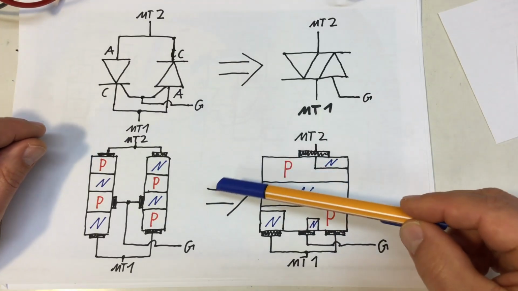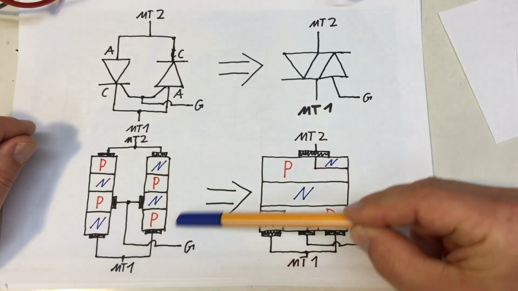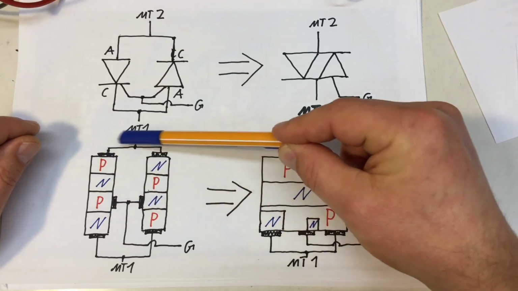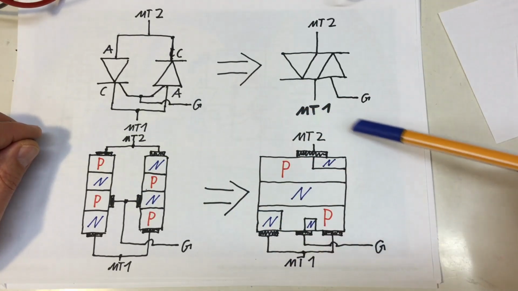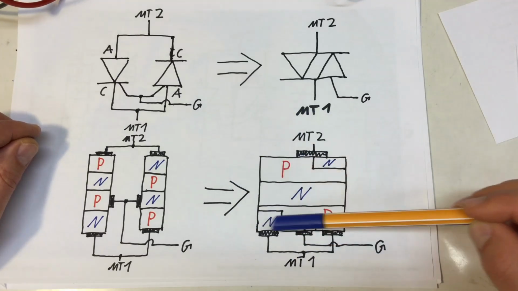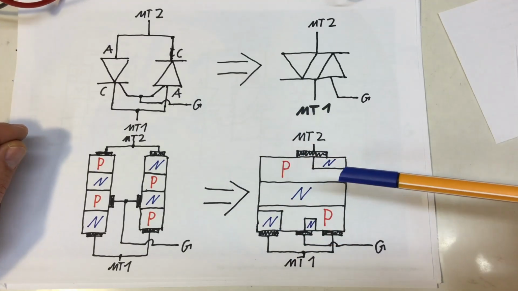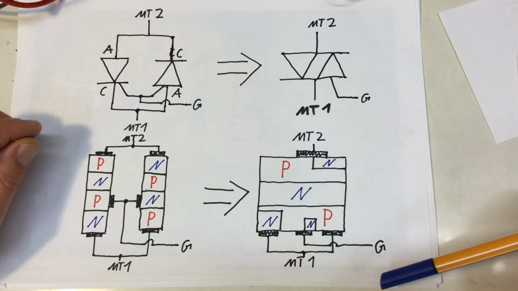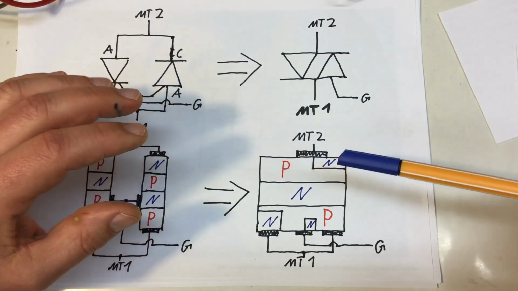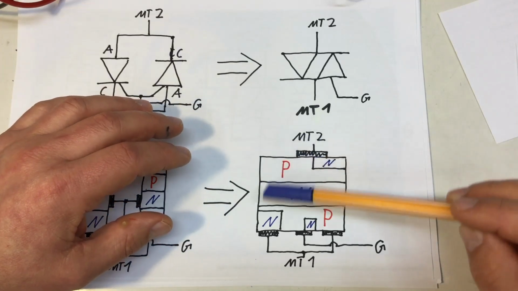Likewise, they say from these semiconductor layers and how they are connected, you can derive somehow the internal construction of a TRIAC on a semiconductor layer level. I won't go into details here.